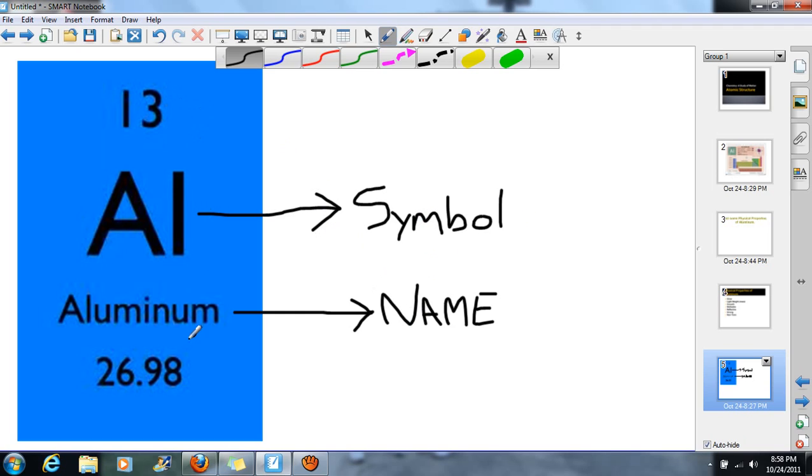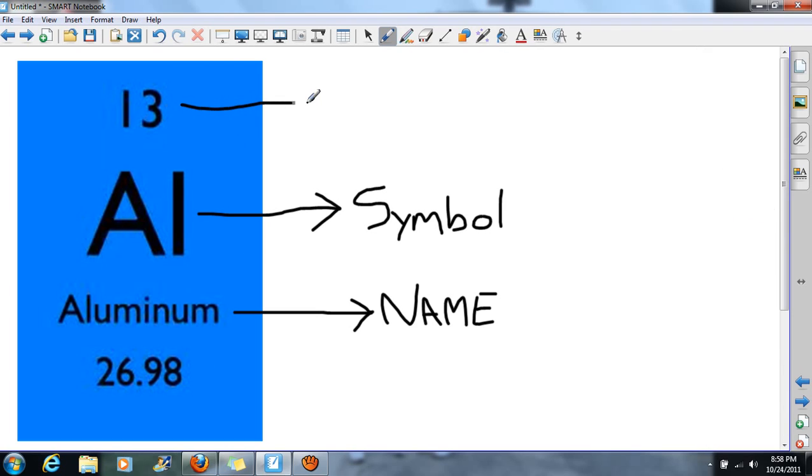Let's get into the other two parts right here, this 13, and down here this 26.98. And this is going to be how you do your assignment today, so please make sure you're paying specific attention here. This top number right here, which all elements in the periodic table have, is called the atomic number.